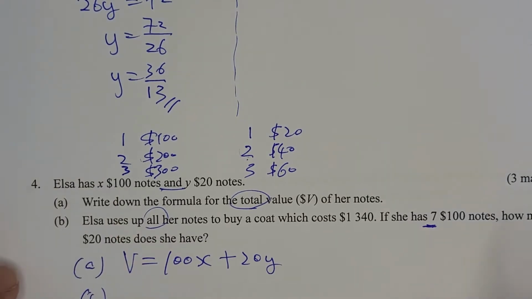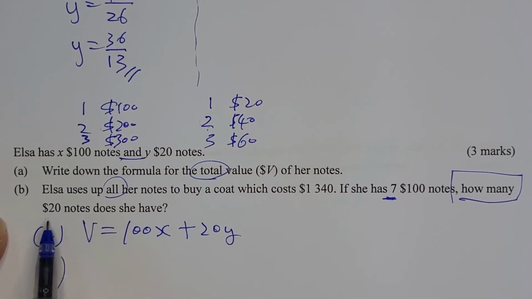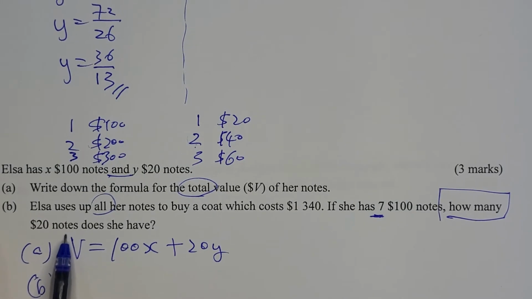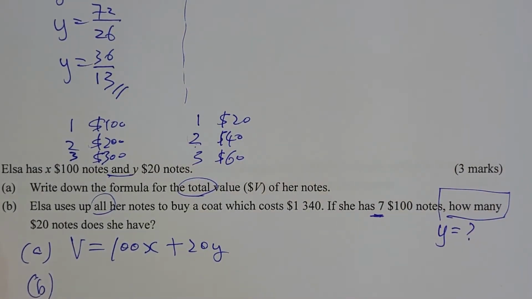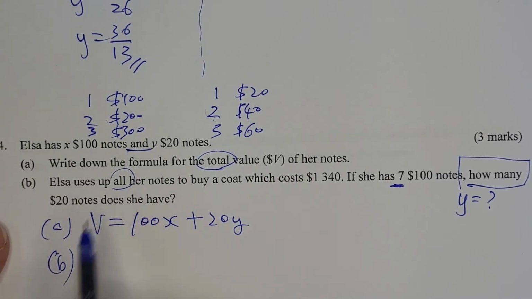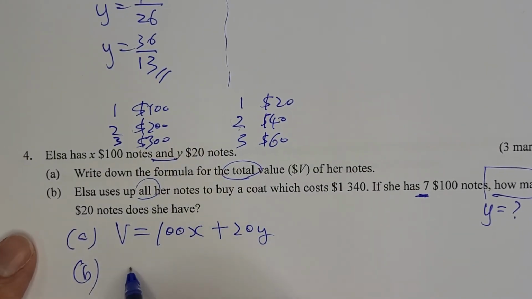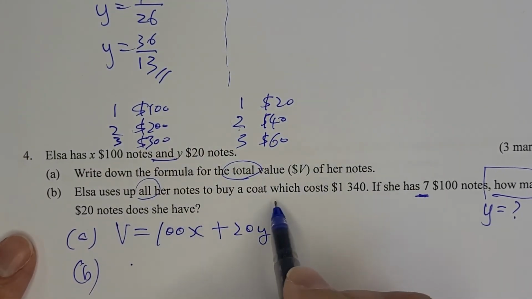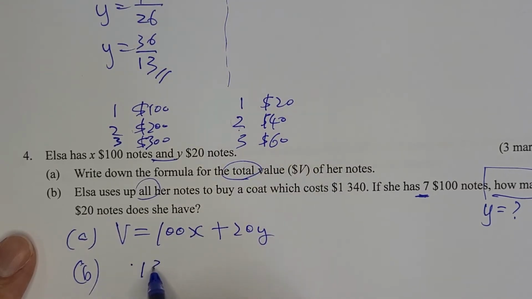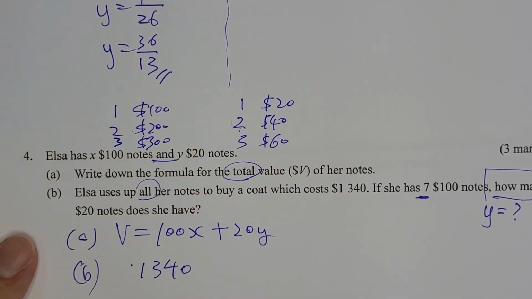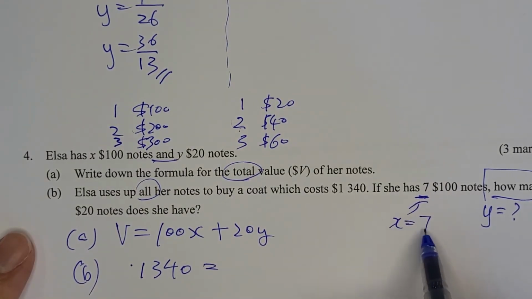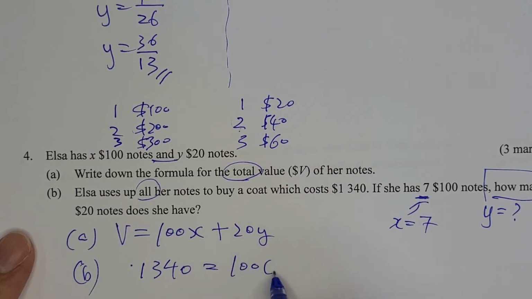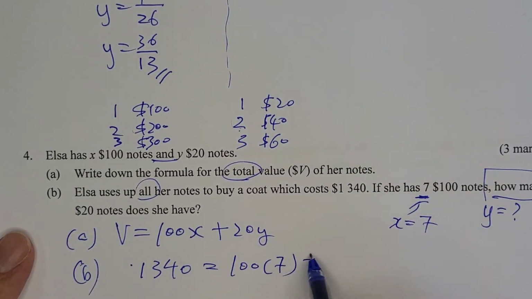How many $20 notes does she have? That means they are asking you what Y is. The keyword is all. That means the total value V would be 1340. And she has 7 $100 notes, that means X equals 7. You can put it in, and they just want to know what Y is.